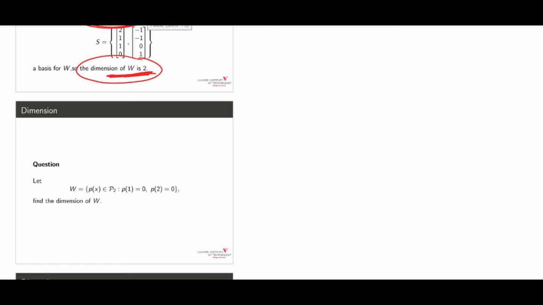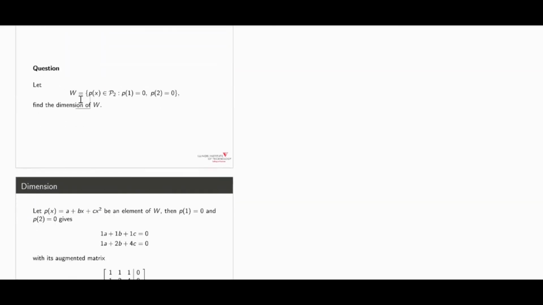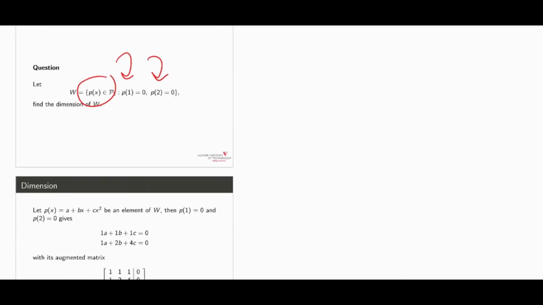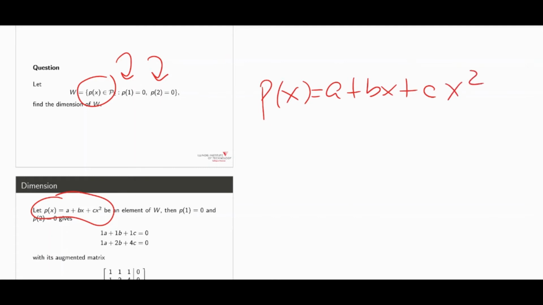All right, welcome back. So now we are looking for polynomials in P2 such that P(1) is 0 and P(2) is 0. Select a polynomial in P2. It will be of the form p(x) equals a plus bx plus cx squared. We are not looking for all a, b, and c, because we require P(1) to be 0 and P(2) to be 0.